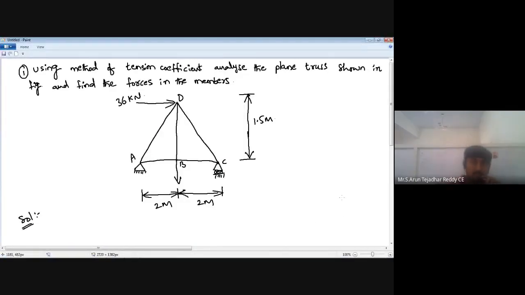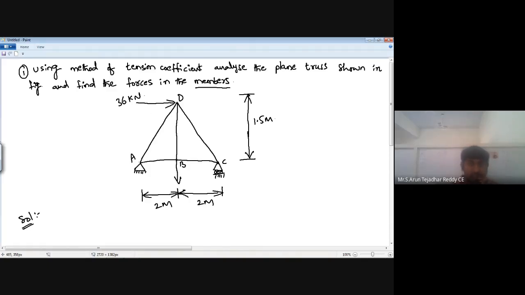In this truss, he is asking to find the forces in the members. First of all, find how many members are acting in this given truss.